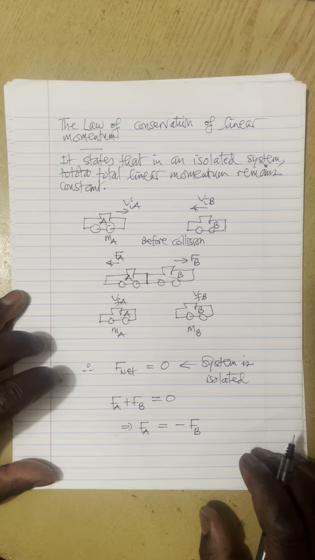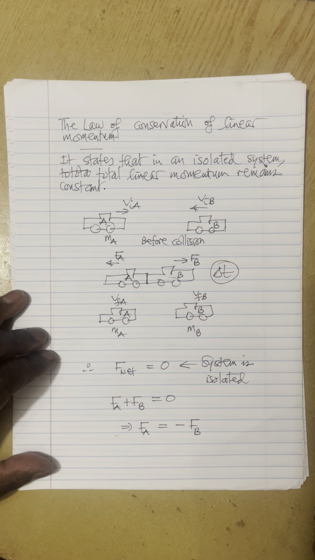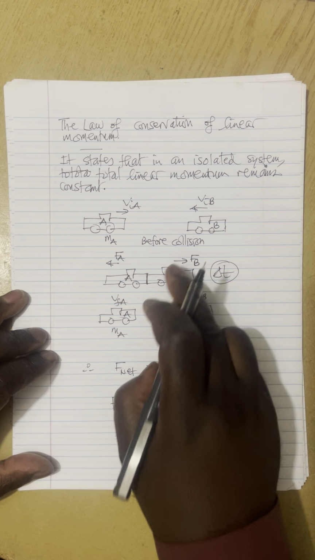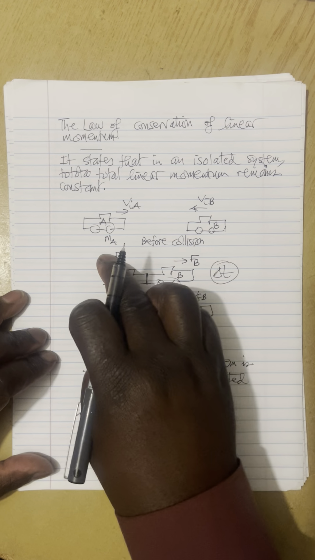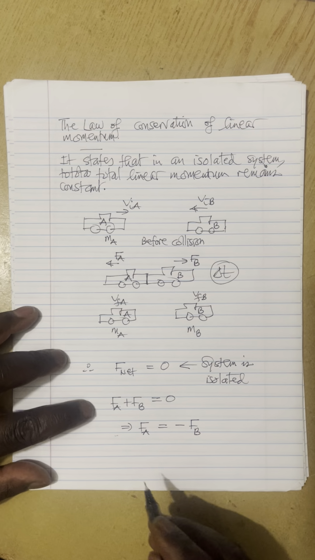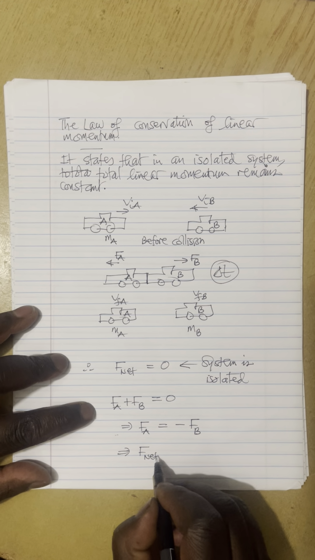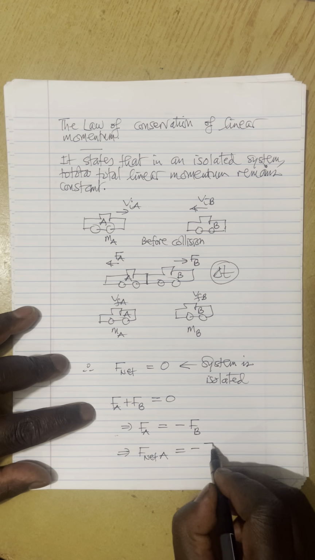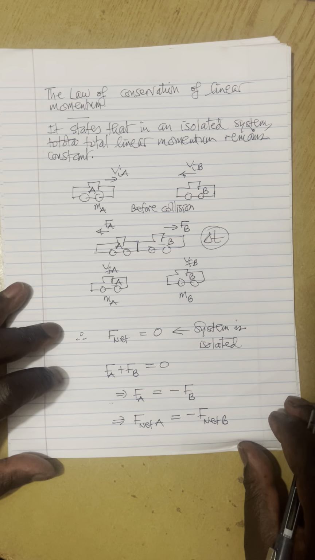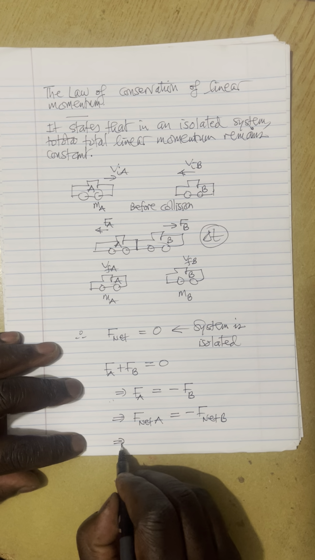And let us say that the collision lasts for delta t of a second. And these two cars, the only forces acting on them are these two forces. So we can comfortably call them their net forces. So Fa, we can say it's the net force on A. So this can change to F net on A is equal to minus F net on B. Now, if I multiply both sides by delta t, why do I multiply both sides by delta t?